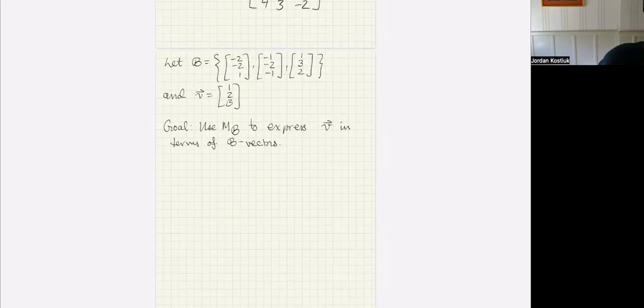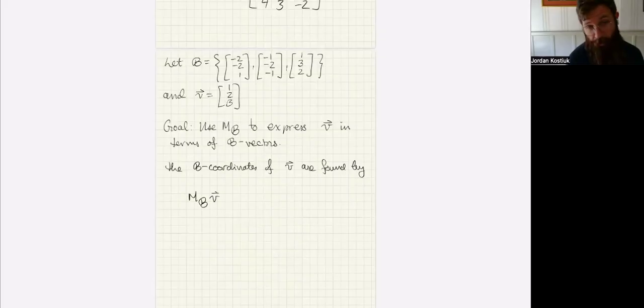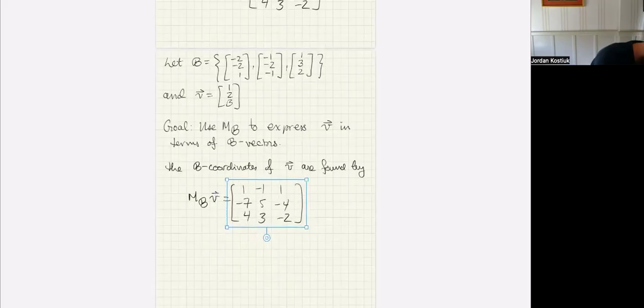So here, the B coordinates of V are found by, that's exactly what MB gives us. So we just calculate MB times V. I'm going to copy our matrix there.